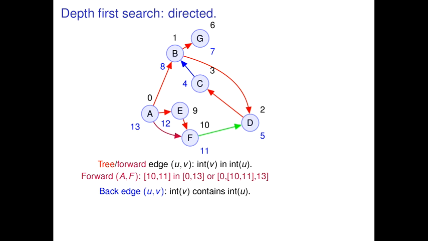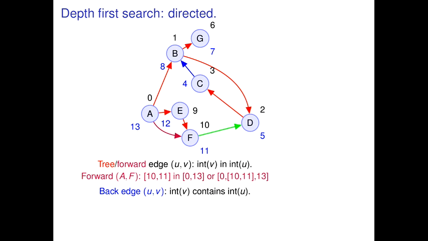Here it says the head's interval contains the tail's interval. If the head's interval contains the tail's interval, it means the head was on the stack the whole time when the tail was on there. So this edge goes to an ancestor. V was on the stack longer, so it must be higher up in the tree. So it's a back edge.